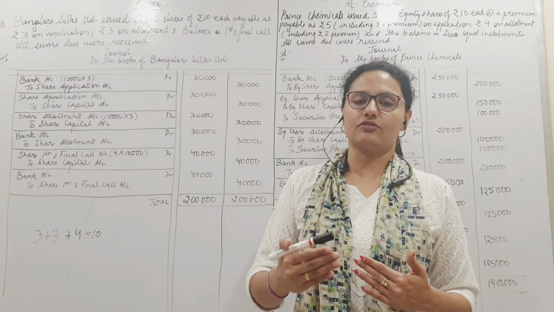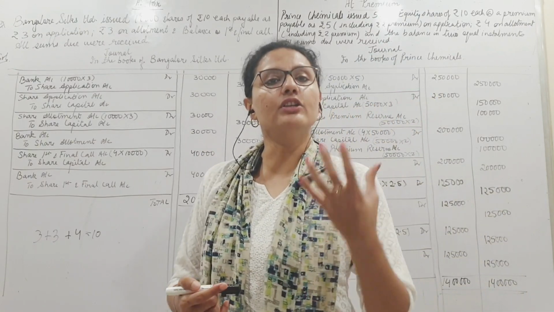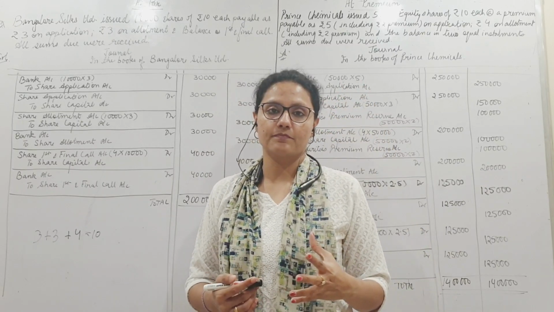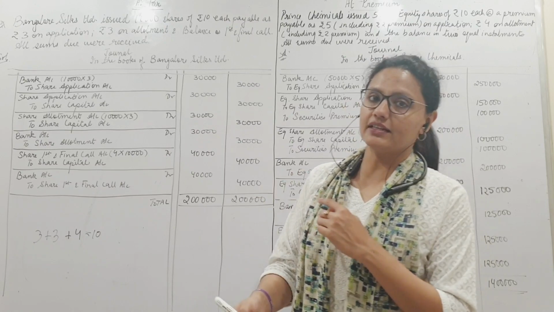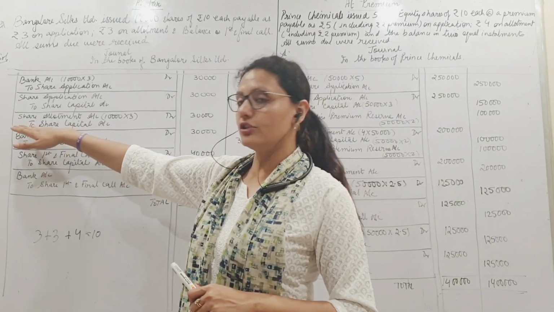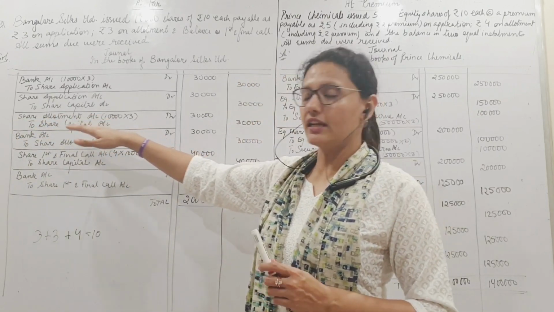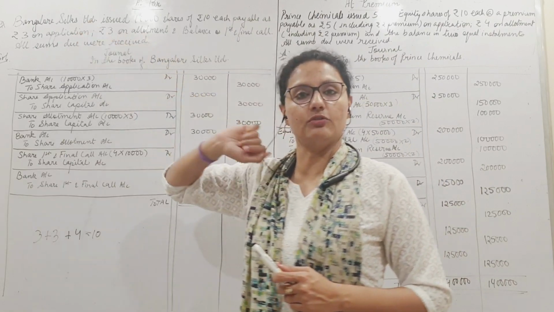Then we go to the second installment, which is allotment. It might be 1 month, 2 months later. So whenever you are allotting the shares, first thing, the allotment money is due. You will receive it later. First make it due, right? So when we are making it due, share allotment account debit, how much are we supposed to receive on allotment? 3 rupees again.